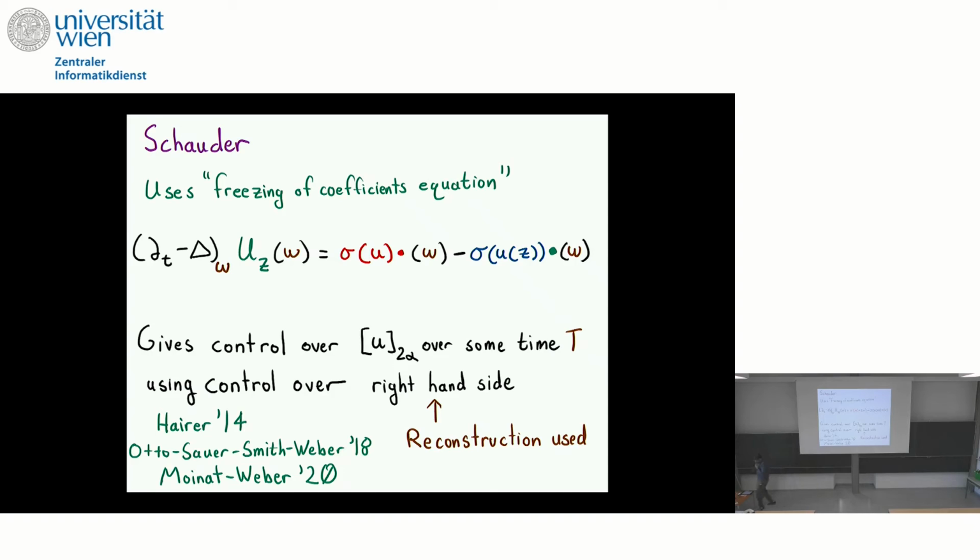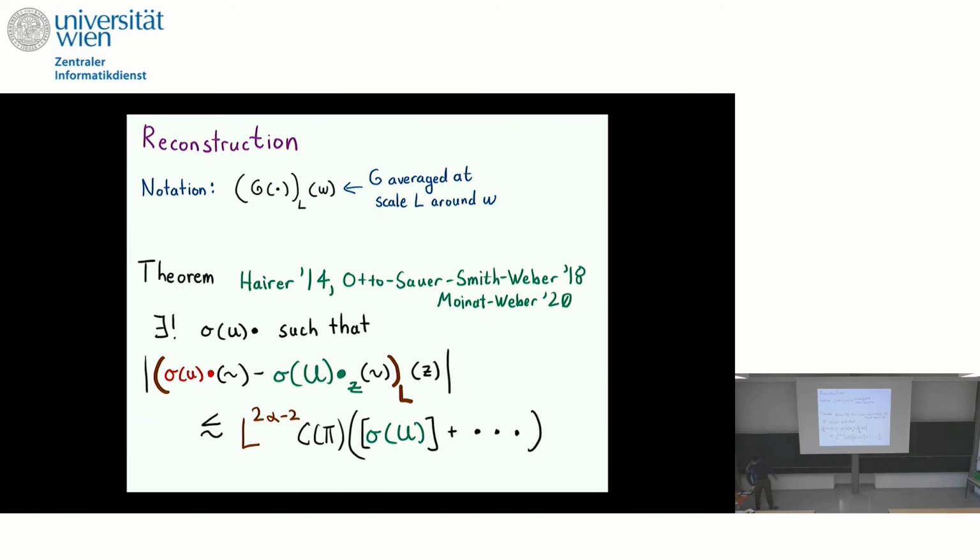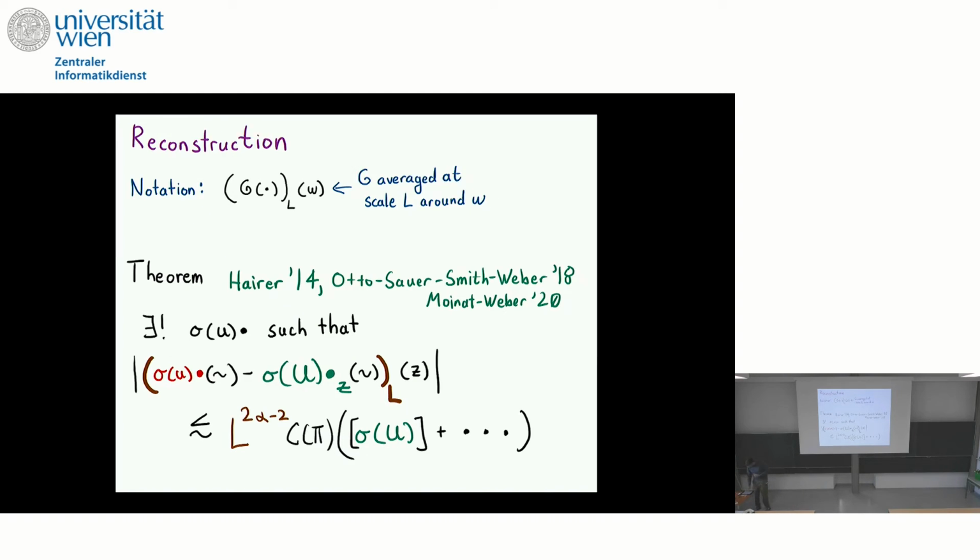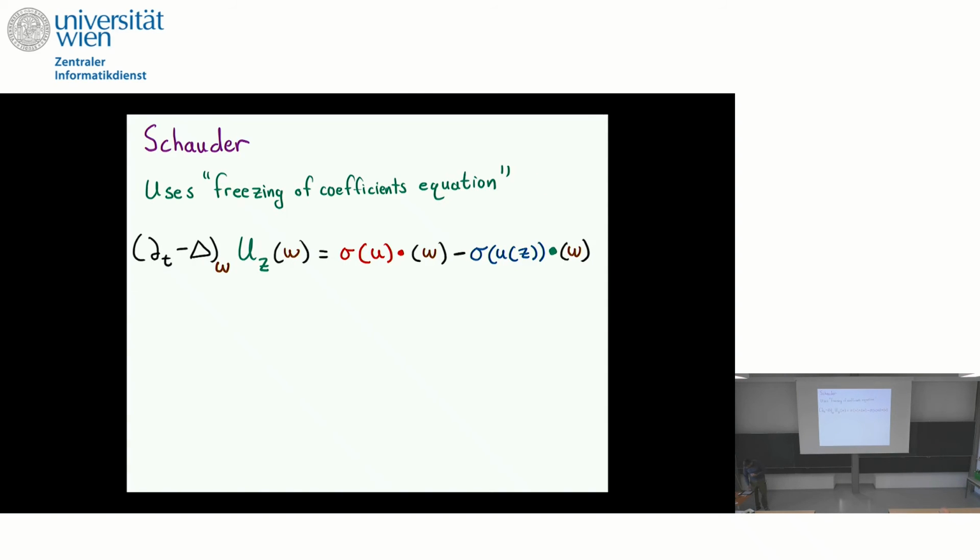And the key point here that I just want to mention is that in order to control this right-hand side, this thing is very closely related to the difference I saw here in the reconstruction bound. So to actually apply the Schauder theory, I'm using the reconstruction bound on the right-hand side, which is what allows me to make sense of this nonlinearity.